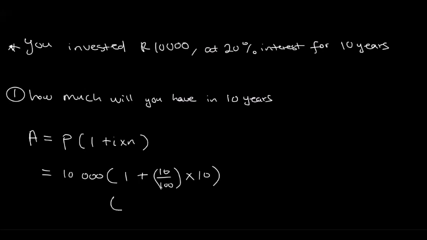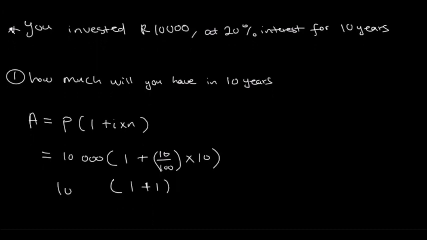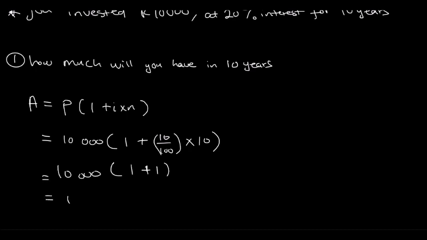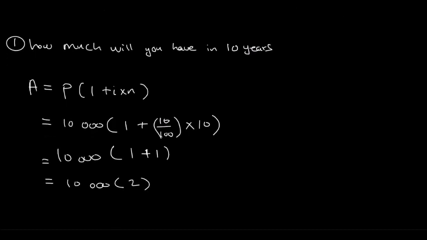If you work out what is in the bracket, you should find that it's 1 plus 1, therefore you have 10,000 multiplied by 2, so your final amount in 10 years will be 20,000. 20,000 rand is how much you will have in your bank account.